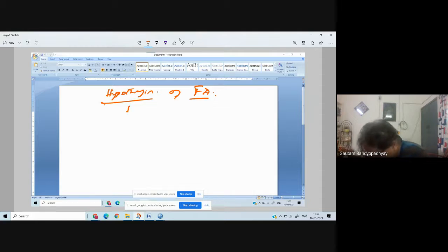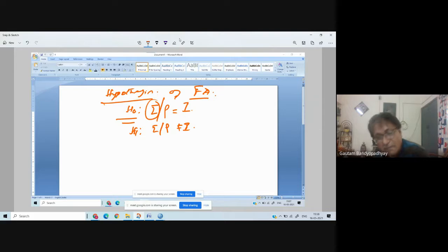So what is H0 for factor analysis? That is, your multivariate covariance matrix sigma or multivariate correlation matrix rho is equal to I, where I means unit matrix. Against H1: sigma or rho is not equal to I.